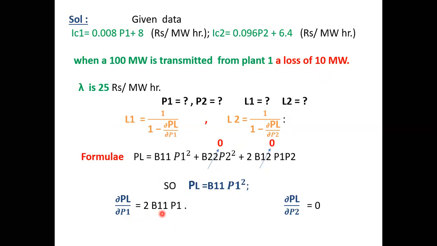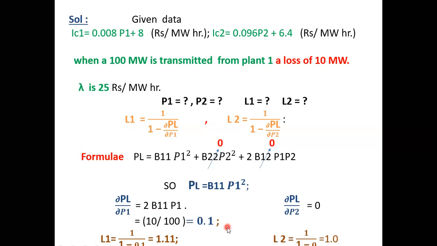But here we don't know the B11 value, so we use this data to find dou PL by dou P1. Directly substitute 10 megawatt and 100 megawatt, then you will get 0.1. Then substitute dou PL by dou P1 in L1, and you will get the L1 value. Finally you will get L1 and L2 values. This is nothing but half of the solution of this problem.